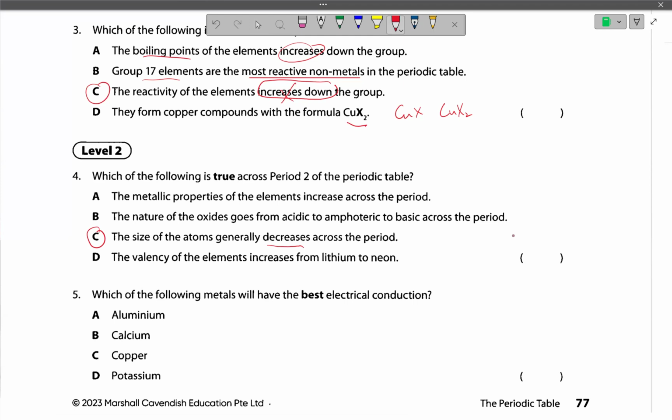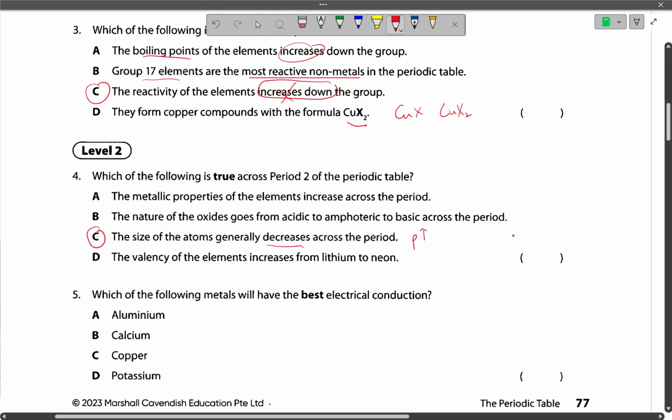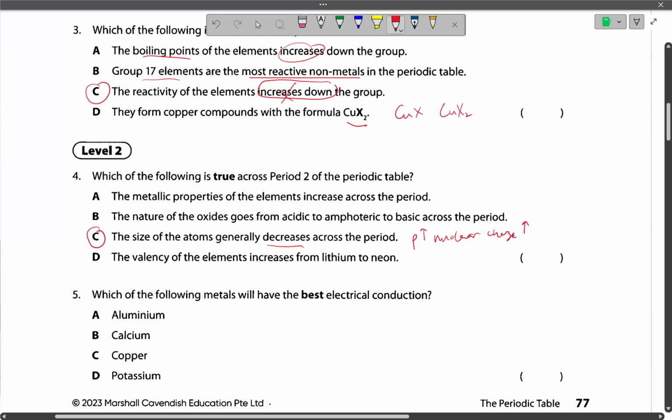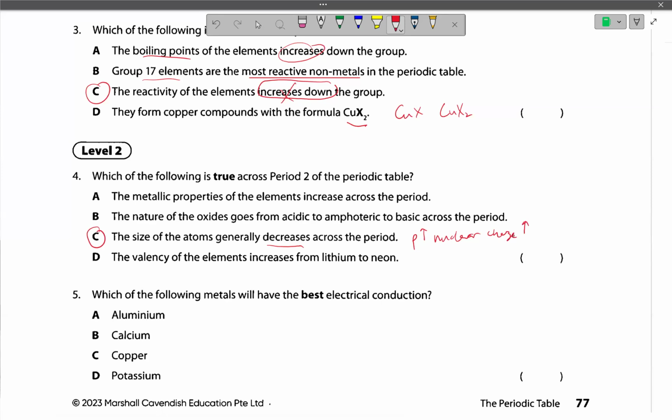But as you go across the period, the proton number increases, so the nuclear charge increases. That means the attractive force on the outer electron increases across the period. Stronger attraction causes the outer electron to be closer to the nucleus. So in other words, the size generally decreases across the period.